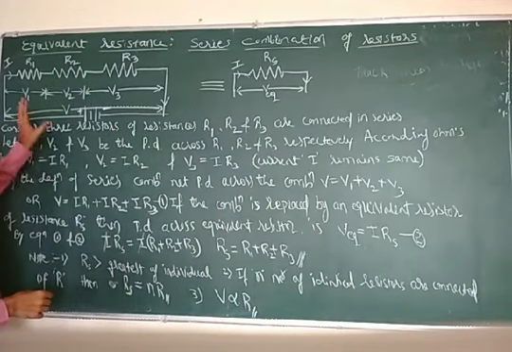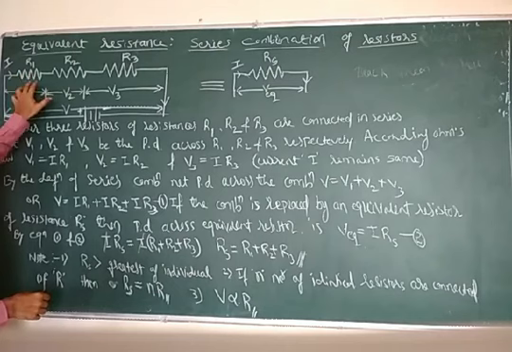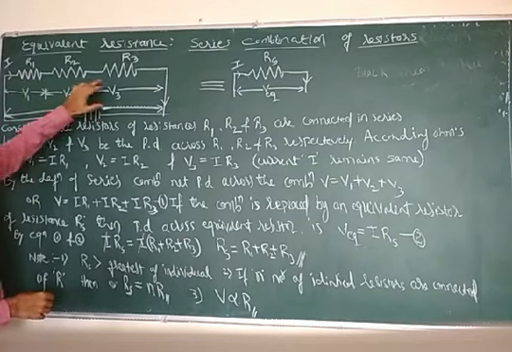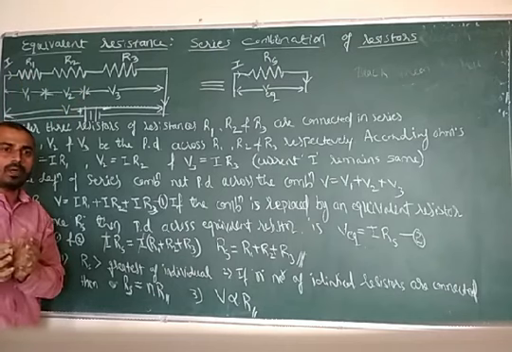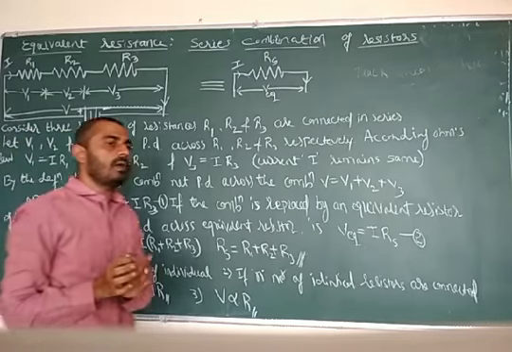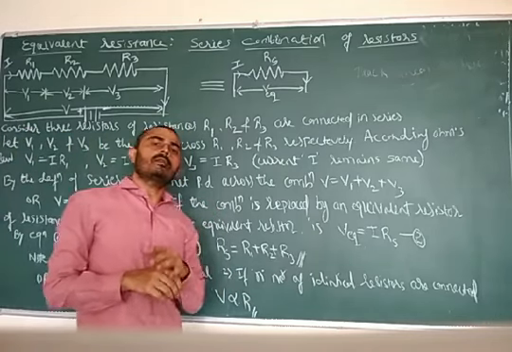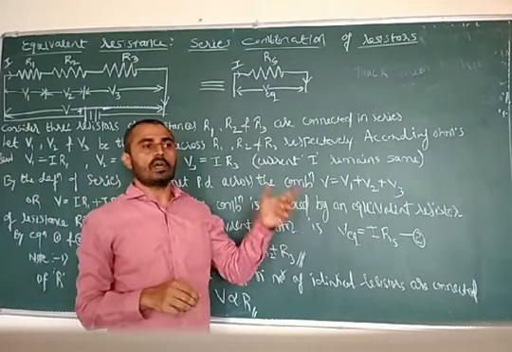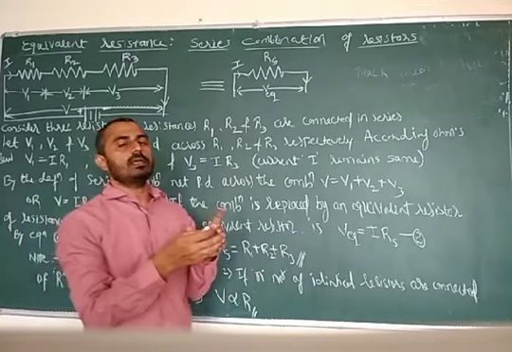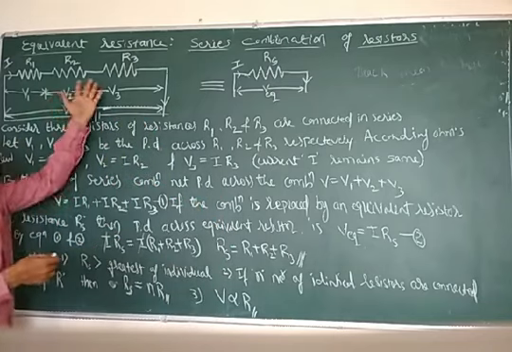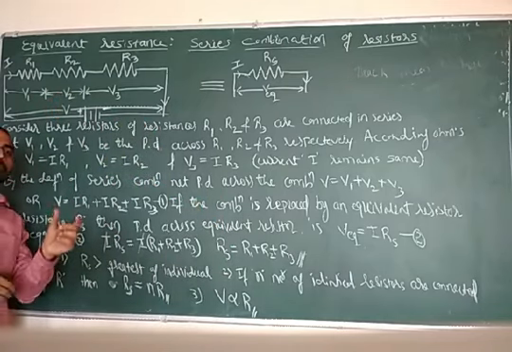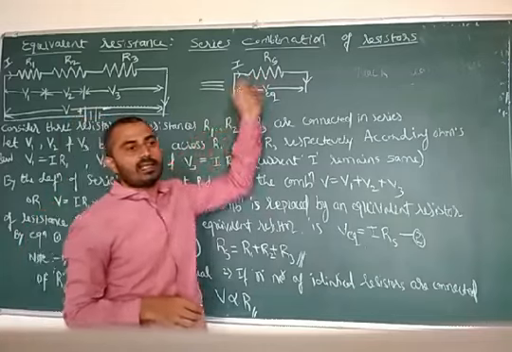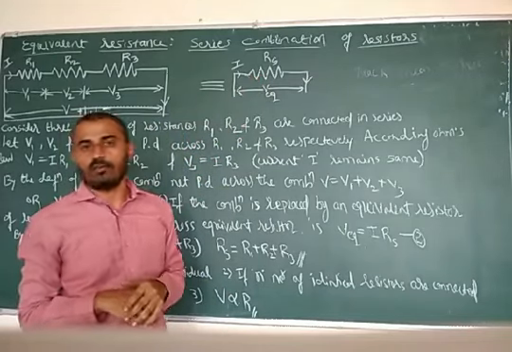Or we can understand how much opposition is offered by these three resistors being in a series group. If the same opposition is offered by one single resistor, then we can say that single resistor, which can offer the same amount of opposition as is offered by the series group of three, can be taken as an equivalent resistor, or you can say effective resistor.